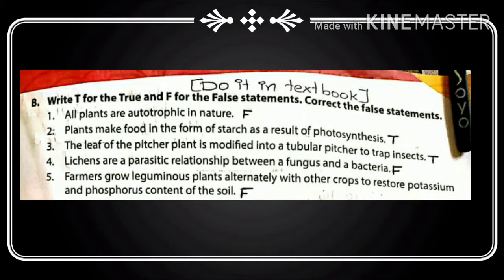Then fifth is, farmers grow leguminous plants alternately with other crops to restore potassium and phosphorus content of the soil. That is also false. So what would be the answer? Instead of potassium and phosphorus, nitrogen will come. So mention nitrogen after writing false. This exercise also you have to write it down in the textbook only.